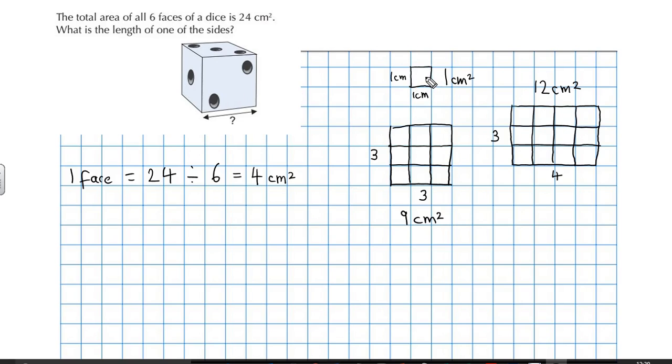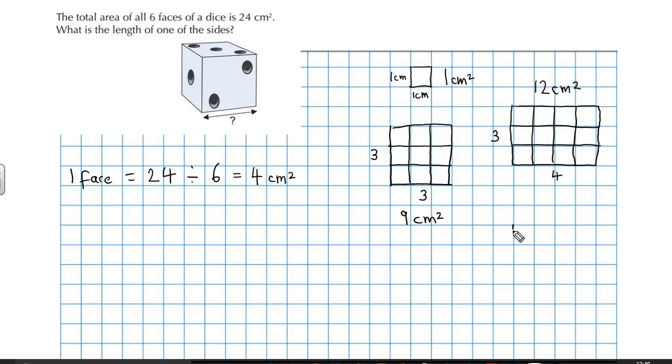Now I've got to think, it's a square, so I need to multiply a number by itself in order to get 4. And hopefully you'll recognize that that must be 2. Let's check this out.